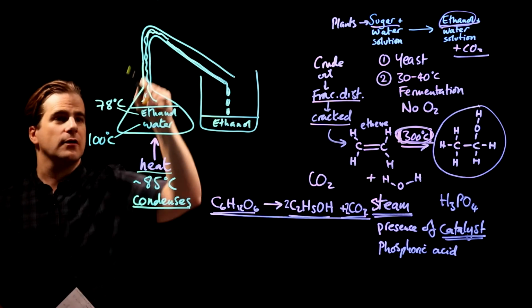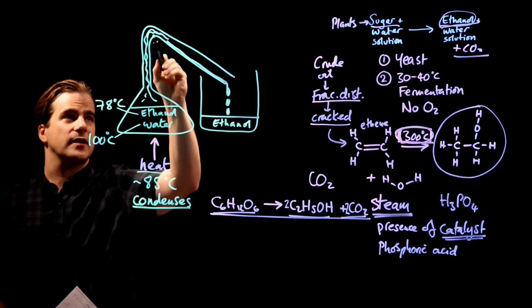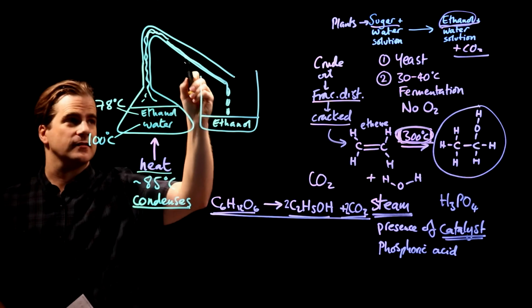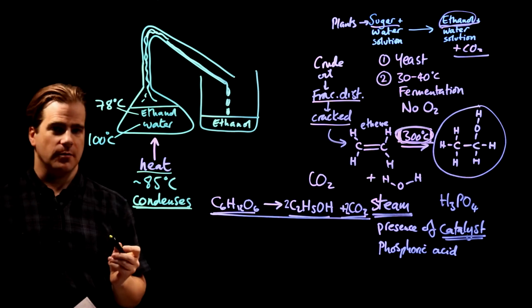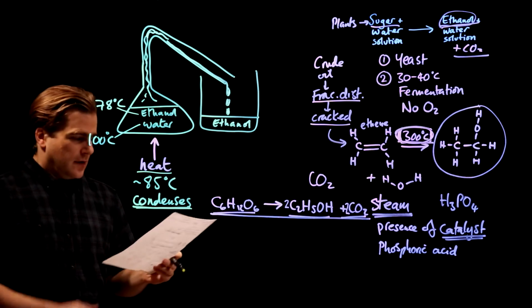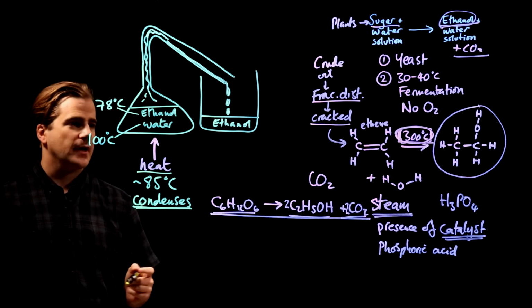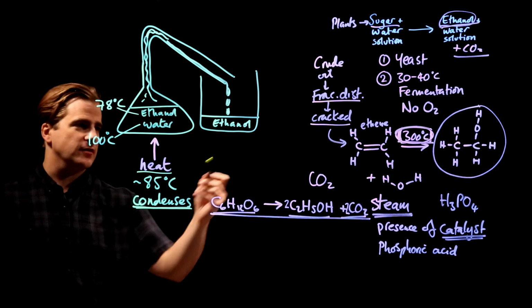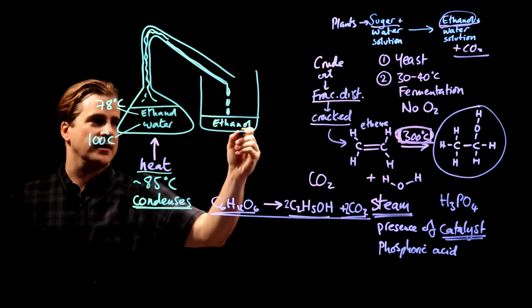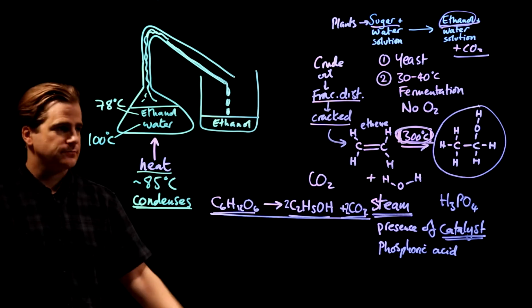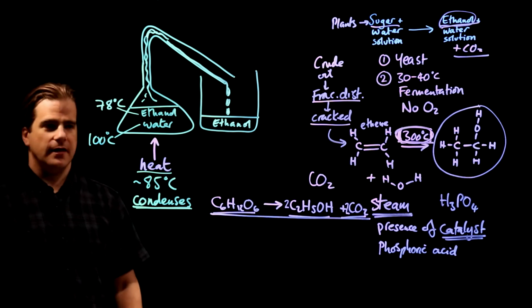It cools and its temperature drops below 78 and it condenses into liquid ethanol here. That gets you the 3rd mark. Good. You've got to write a little bit on this. You can say things like it's collected as a pure liquid in a separate container over here. All right, there you go.